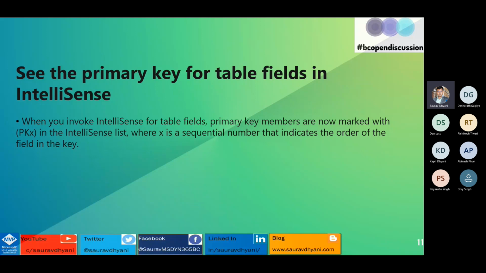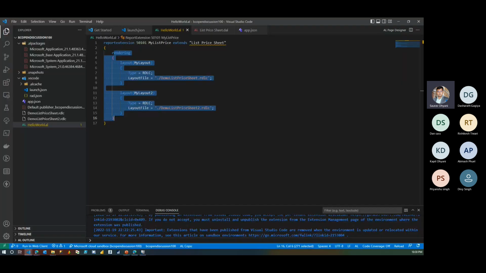IntelliSense in Business Central has started suggesting the primary key fields in the particular record that you're pointing to, and will also help guide you around the order of those.